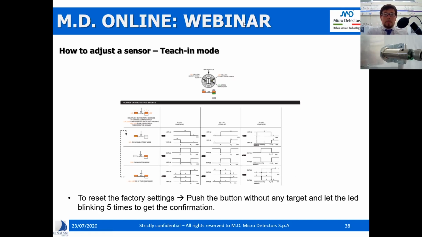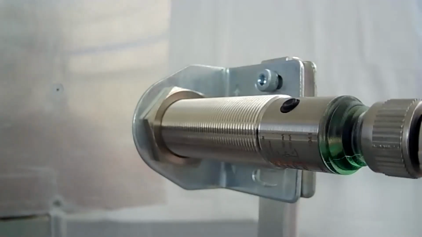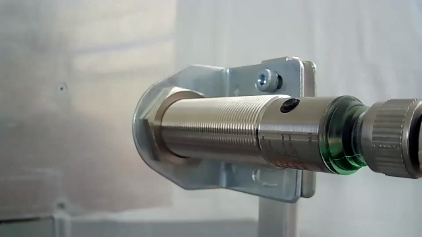So now we can see how it practically works. Here we have, as I said, a UK1D sensor working with a double digital output.